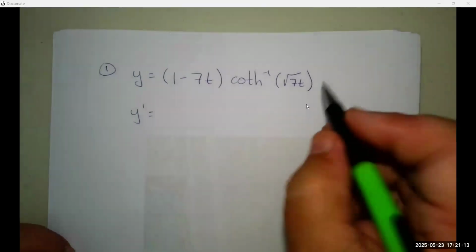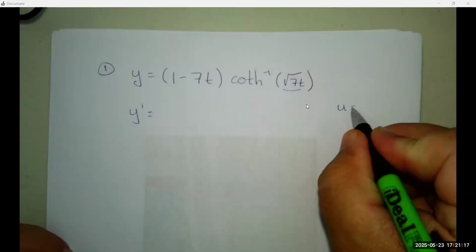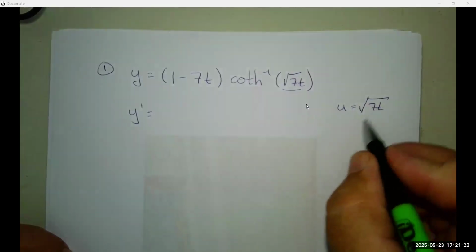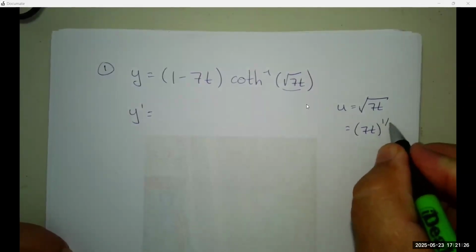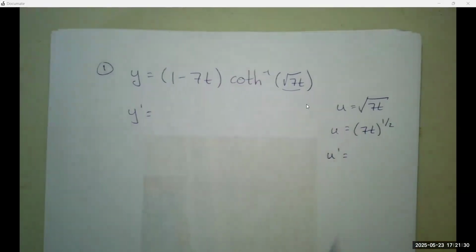All right, so this is our u. Our u is defined as the square root of 7t, which is the same thing as 7t to the power 1/2, because we have to have the first derivative of that because of our formulas.